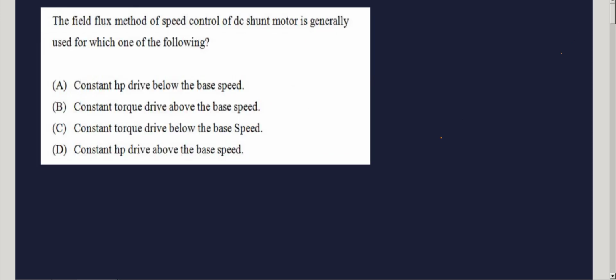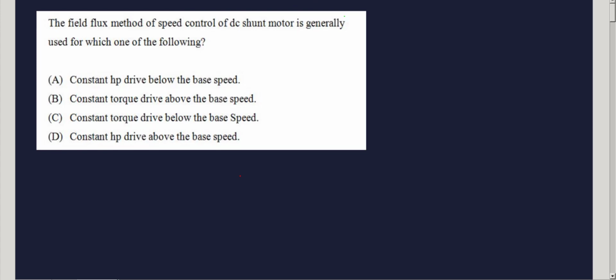The field flux method of speed control of a DC shunt motor is generally used for which one of the following? Okay, so if you see here, in the flux control method, I can have N proportional to Eb by phi.